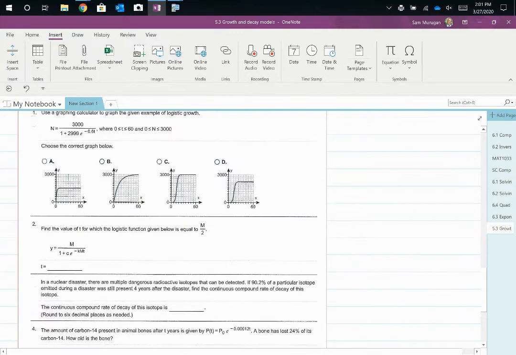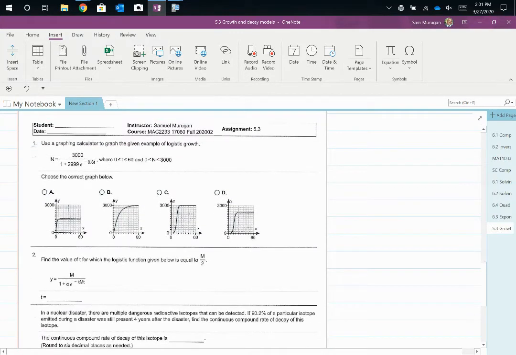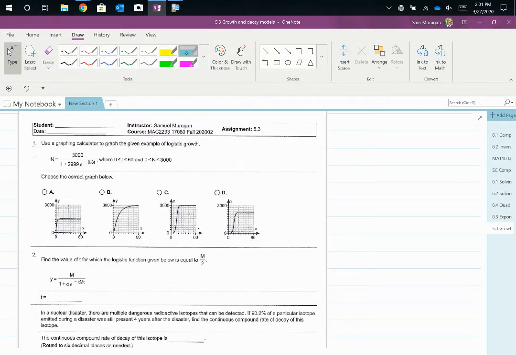Okay, so let's put in our problems here so we can follow. The first question here is asking us to use a graphing calculator to graph this model, and it's giving us the windows that we need to set. And this is a logistic growth model, and it can be any one of these. So we want to go ahead and put it in our calculator and see exactly which one of these graphs is represented by it.